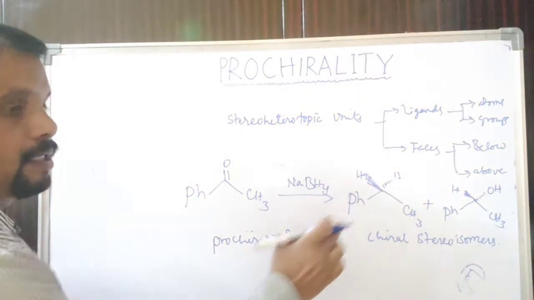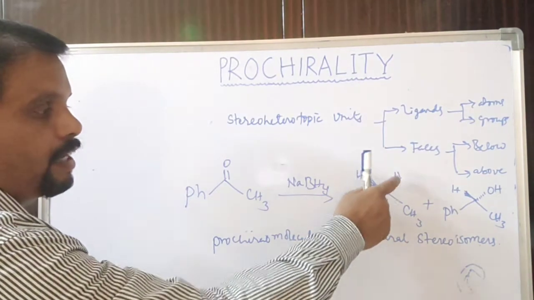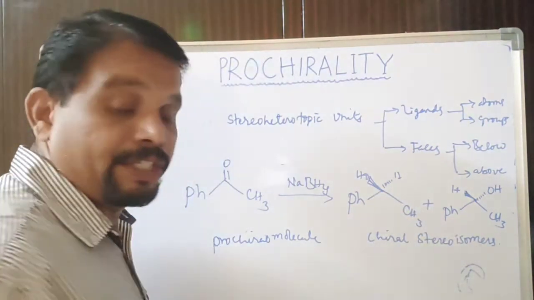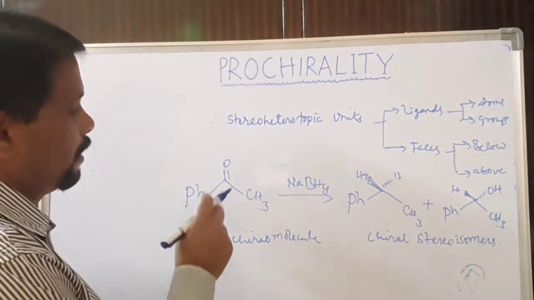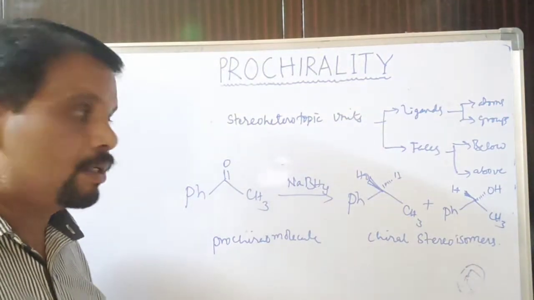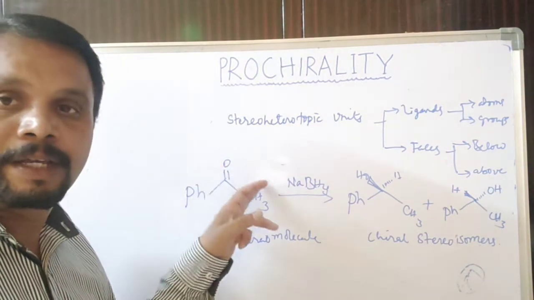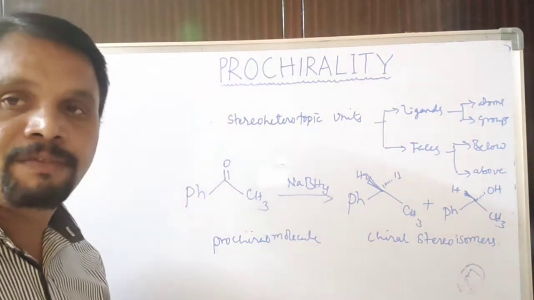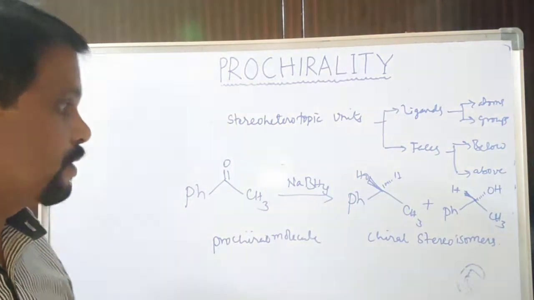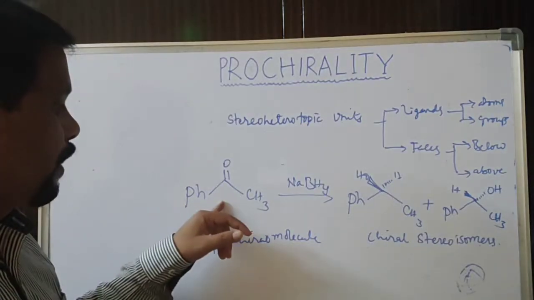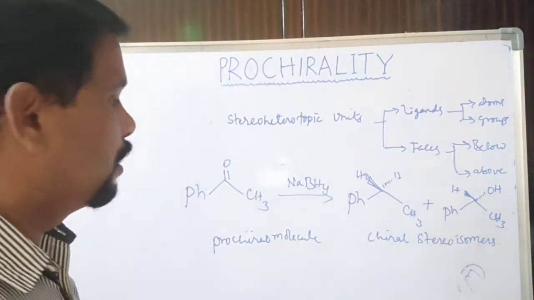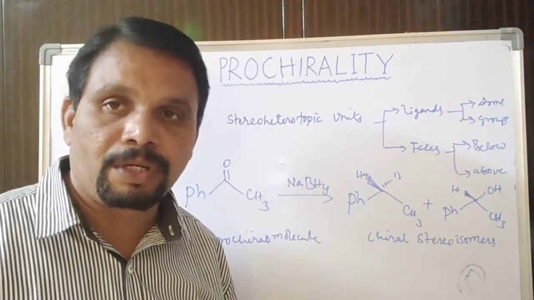These are chiral because this central carbon atom is attached to 4 different groups or atoms. Therefore, it is chiral. Therefore, it is asymmetric. And here, it is not chiral because it has stereoheterotopic faces. So this prochiral molecule produces chiral stereoisomers in one step. This molecule is considered a prochiral molecule, and these can be considered chiral stereoisomers.